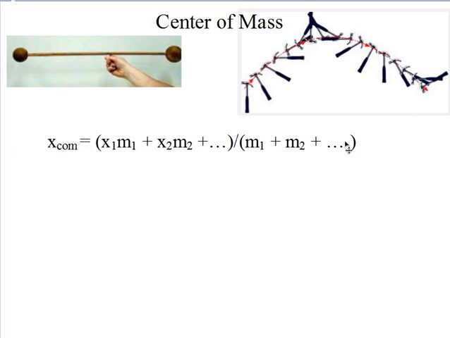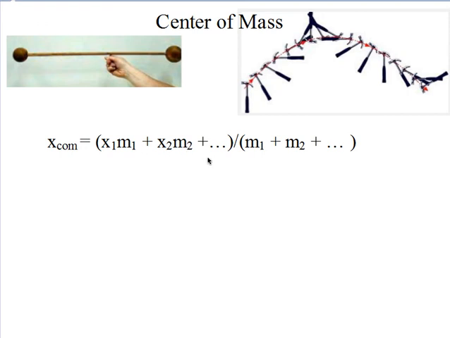So here again is the idea of a weighted average. I will take each little bit of mass, I will take its location, and I will weight that location by how much mass is at that location. And then we'll go to the next bit of mass, I'll take its location and give that location a weight according to how much mass is located there.